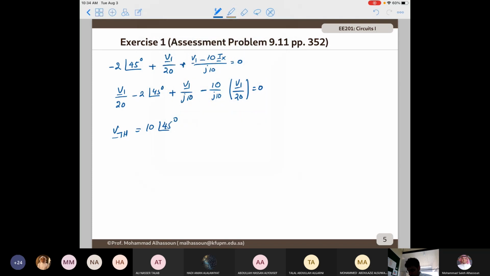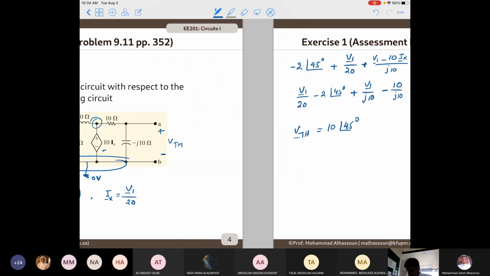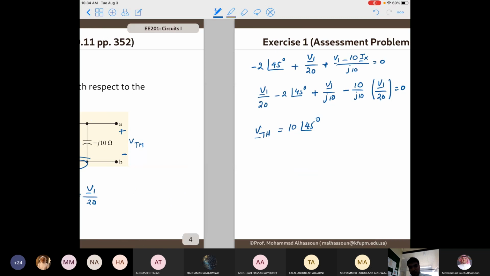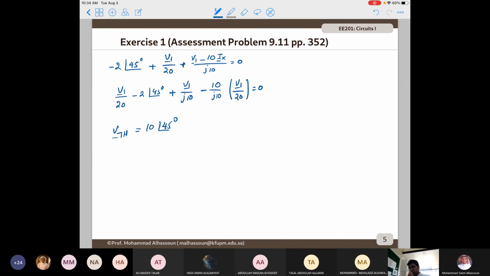Yes. Okay, it should be fixed then. 10 over j10. Yes. Okay. Thank you. So if you solve for it, you will end up with this equation. I'm not going to spend time on manipulating complex numbers.